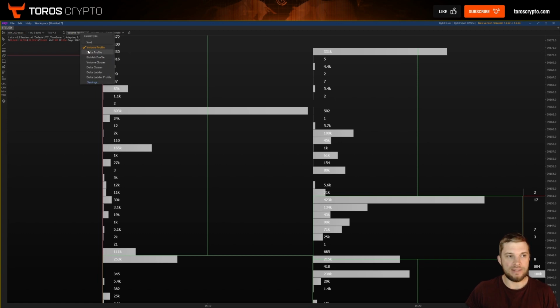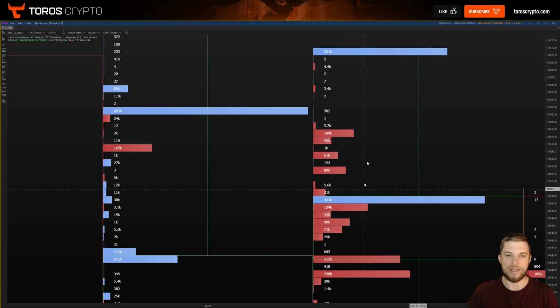Okay, then next down, we have your delta profile. So this is changing this from just being a typical gray or whatever color it is that you choose, to your blue and your red. So this is bids and asks and your delta. So this is showing you that there has been more contracts bought than sold at this price.